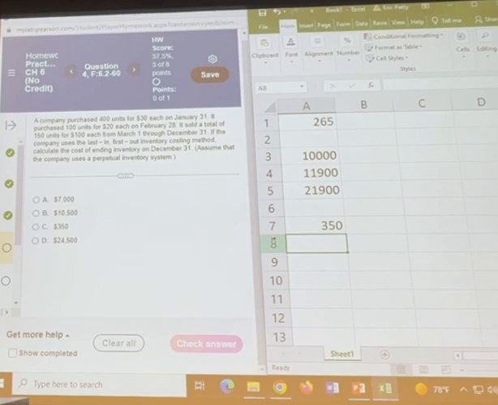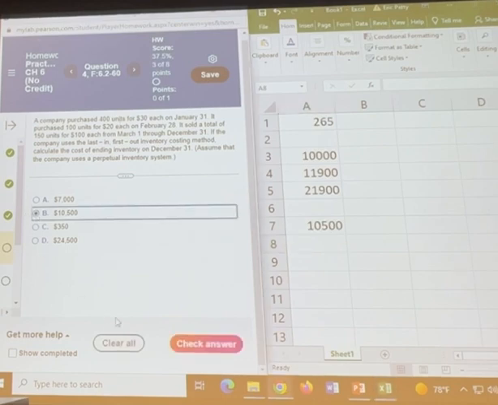And last in, first out, so it's the older units that are going to be in their ending inventory. So we just take that figure times the $30 that they paid for the oldest units, since they had 400 of those. So it should be 10,500.